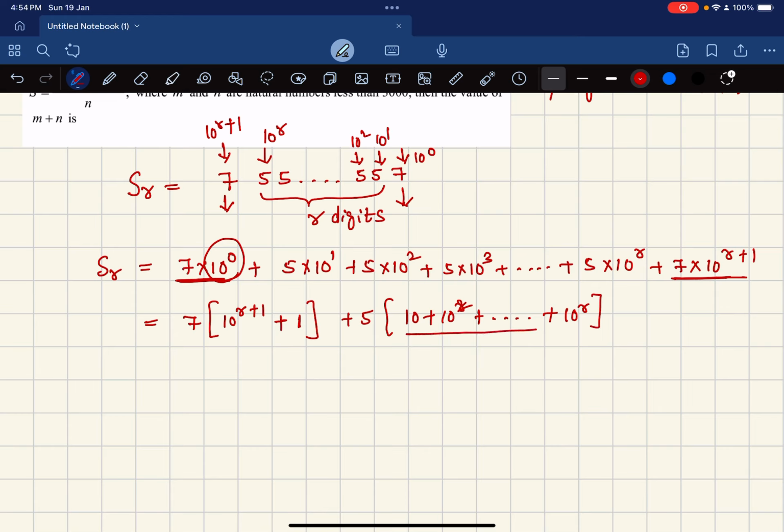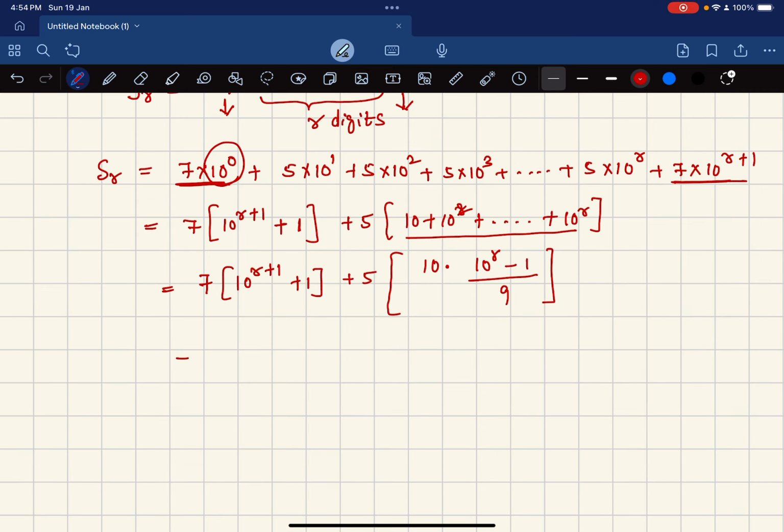So this is a geometric progression. So that will be 7 into 10 to the power r plus 1 plus 5 into the sum of r terms of a geometric progression, a into common ratio to the power number of terms minus 1 upon 10 minus 1, that is 9.